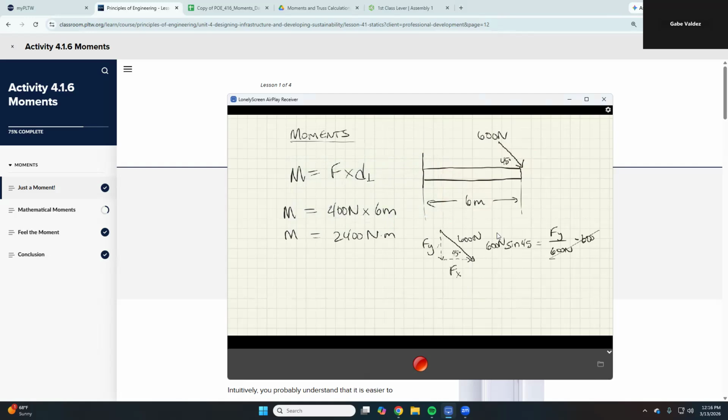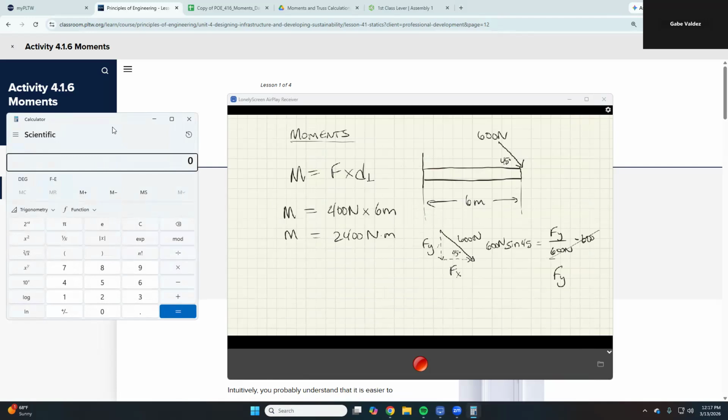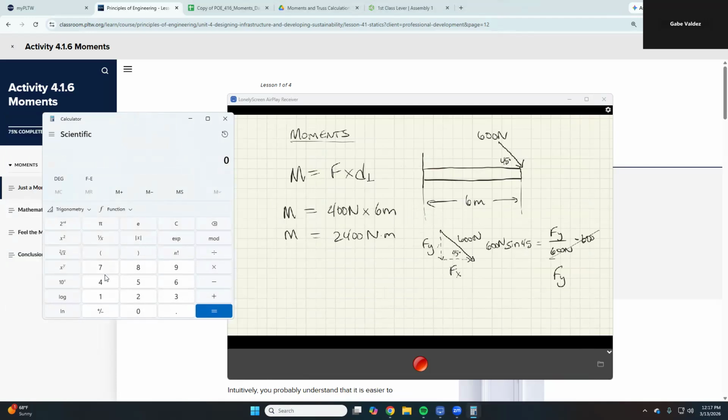That drops out, and I'm left with, and I can bring up my calculator. So let's see, sine of 45 is 0.707, multiplied by 600, and that gives me 424.26. So the y component of this force vector is 424.26 newtons. So now, if I go back to this equation, we're no longer looking at this 600 newtons alone, because 600 newtons is acting at an angle.